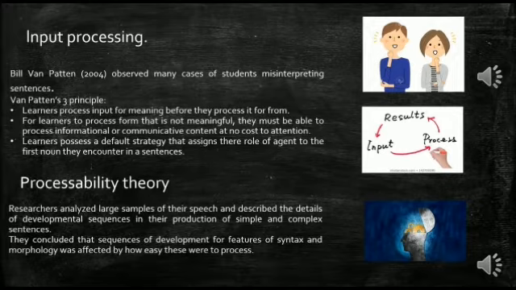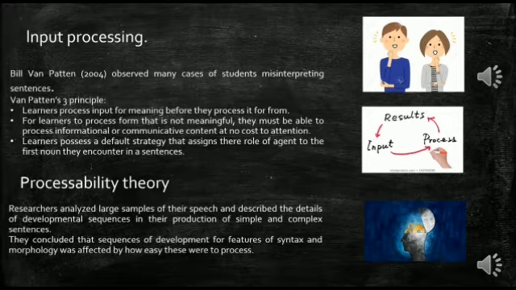The second is that learners process words that are not meaningful. They must be able to process informational or communicative content at no cost to attention. And the third one is that learners possess a default strategy that assigns the role of agent to the first noun they encounter in a sentence.